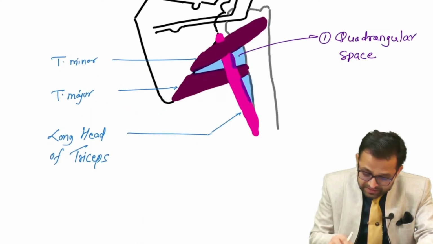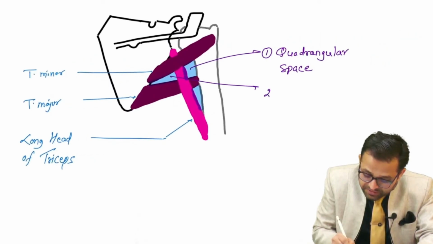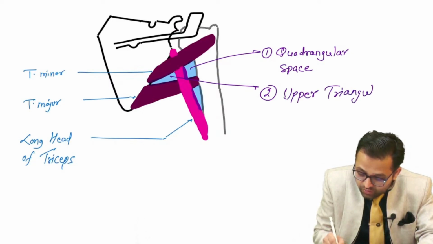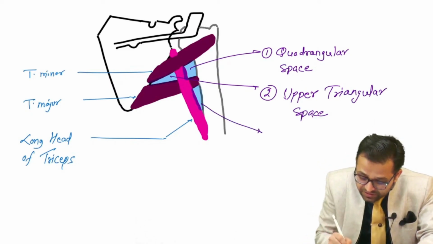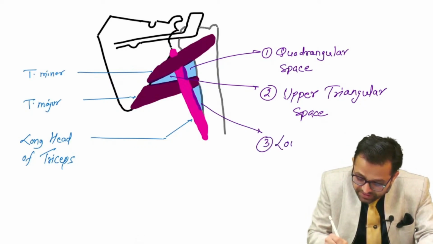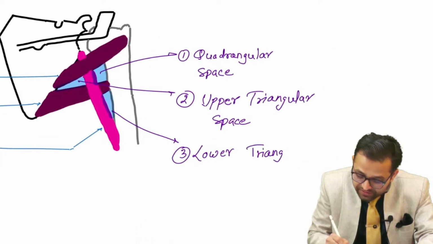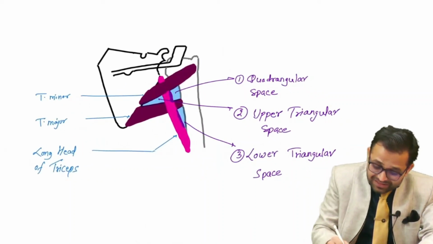Can you observe this another one? Yes, sir. Here is the second space. You can remember, sir, it is triangular in shape. That's why upper triangular space. Okay, sir. And you can observe this another space. Sir, this is the lower side. So you will say lower triangular space, because it is a triangle. So very easily you can remember these spaces.